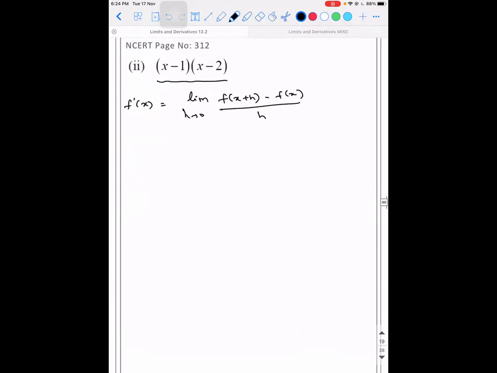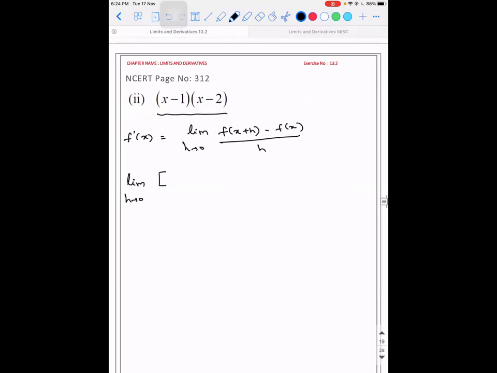Okay, then how do we do this? Use product rule for both, sir. Actually, what I will suggest is, since both are algebraic functions, simplify this function. Now it is nothing but x square minus 3x plus 2.